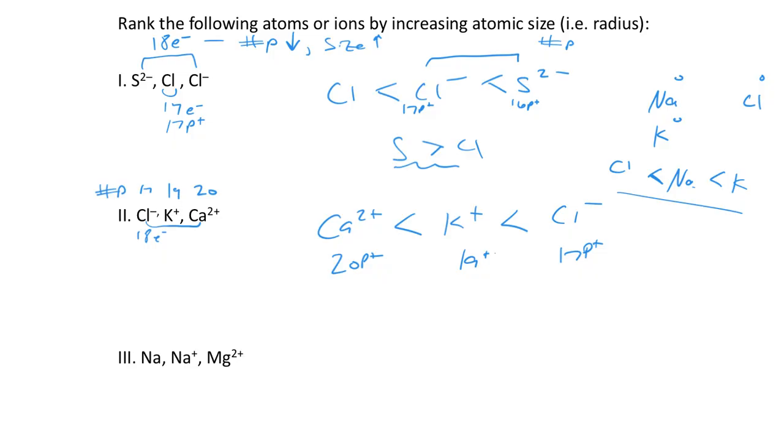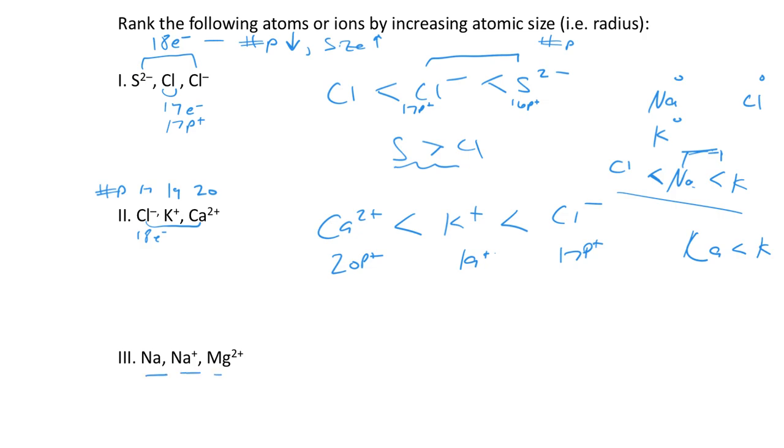If I threw calcium into the mix, it becomes a little tricky, but calcium without a charge would be smaller than potassium. So when we're comparing neutral atoms, we're just using the left to right trends: size decreases left to right, increases top to bottom.